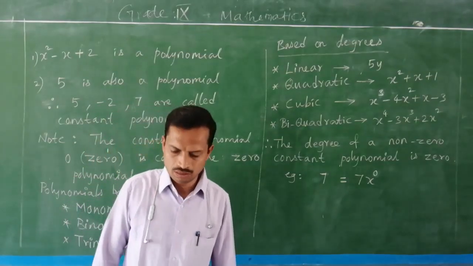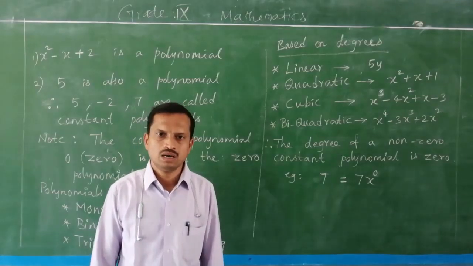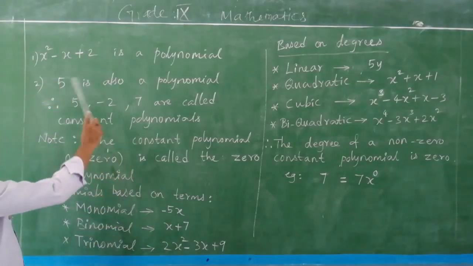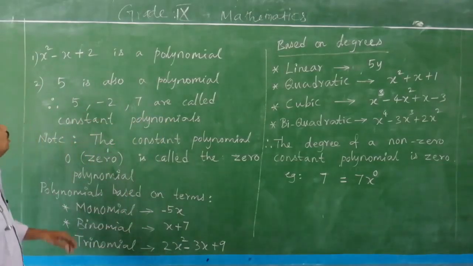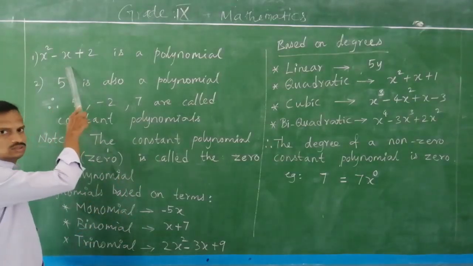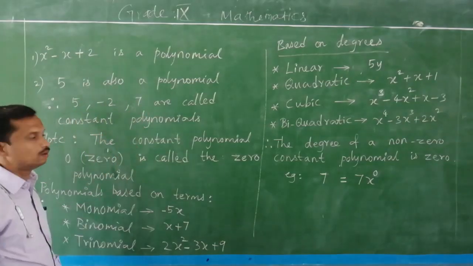Okay, now we discussed what is expression and what is polynomial, and now we can see some more points. X square minus x plus 2 is a polynomial, and you know how many terms are here. X square is one term, minus x is another term, 2 is another term. So it's a polynomial.